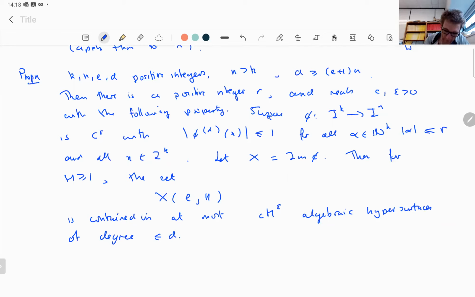And as we take d bigger and bigger, so as d tends to infinity, this epsilon tends to 0. Okay, and those are the two main ingredients.